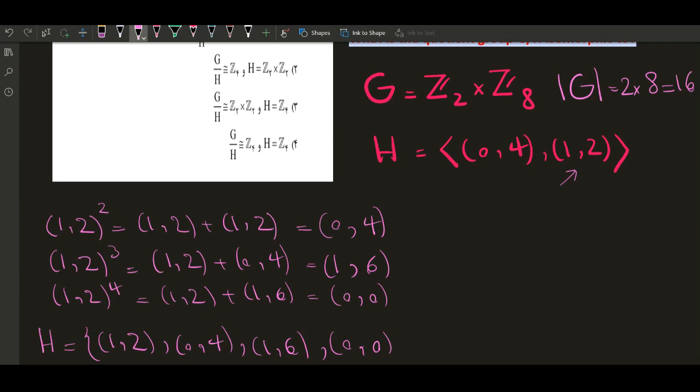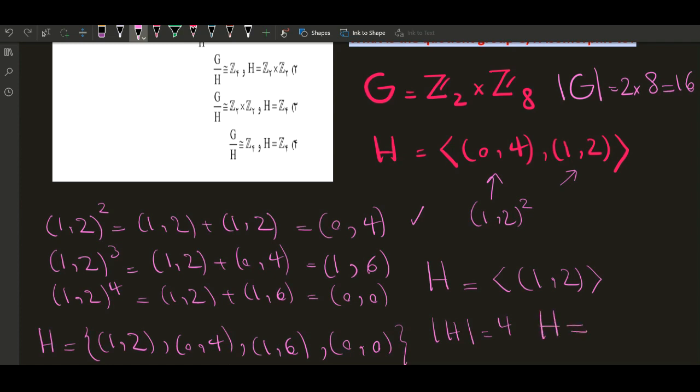And as you see, (0, 4) is just (1, 2) to the second power. So writing this element is redundant, and we can only write H is generated by (1, 2). So H is a group of order 4 and is generated by a single element. So it is a cyclic group of order 4, which is isomorphic to the group Z4.